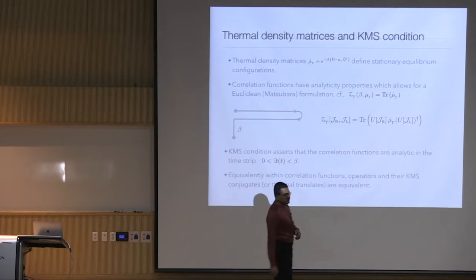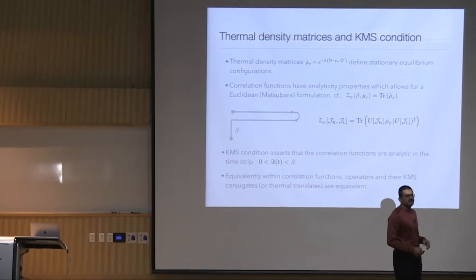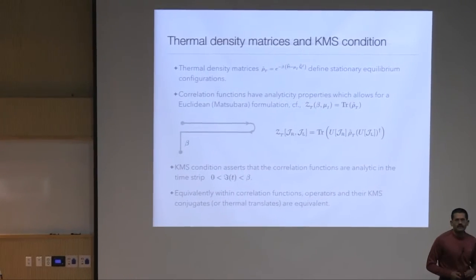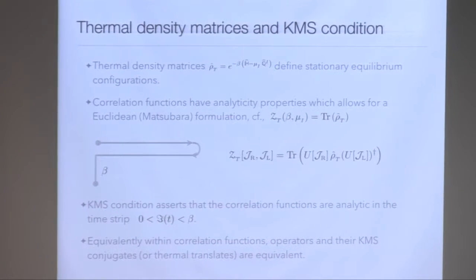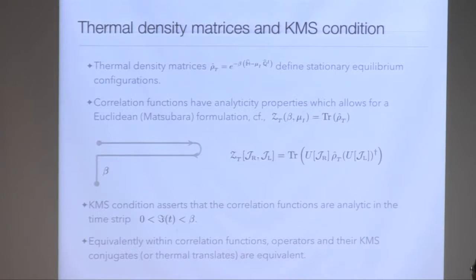Okay, so now let's prepare our system in a thermal density matrix. Our density matrix is e to the minus beta H, and if you have charges, there's some chemical potential times the charges. Now our system is thermal, so suppose you are doing equilibrium.